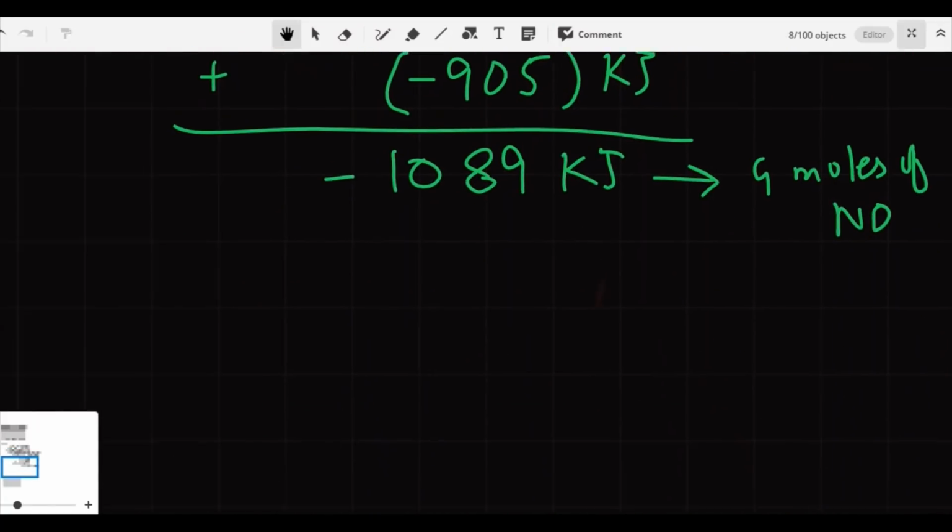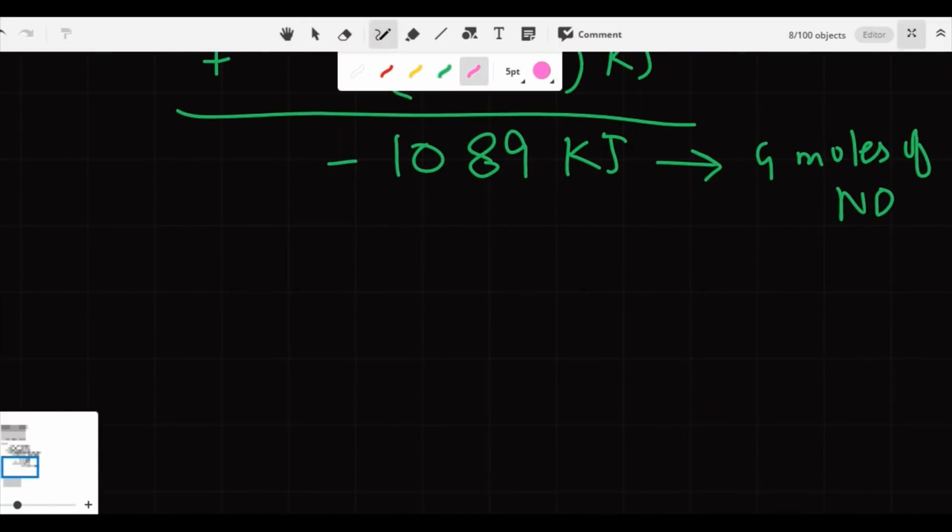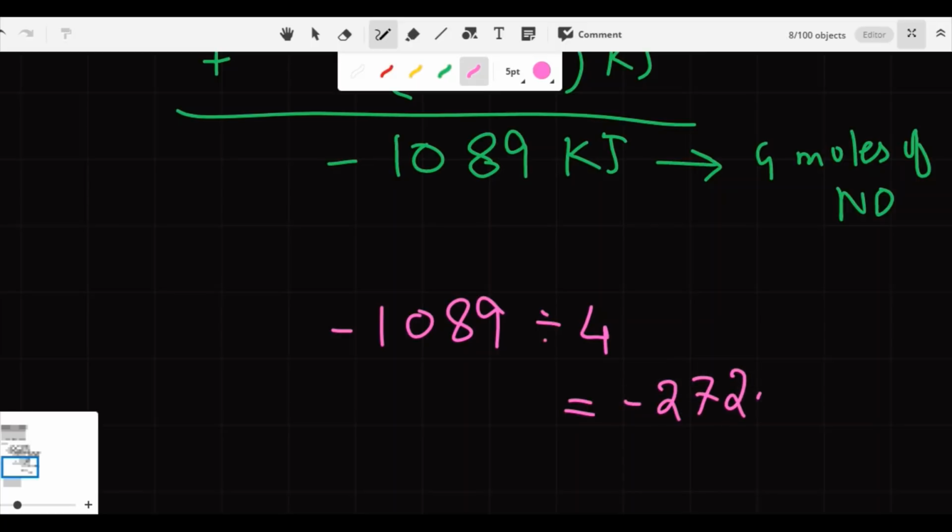So it means here you need to divide 1089 by 4 to get your final answer, and the answer will be negative 272 kilojoules.